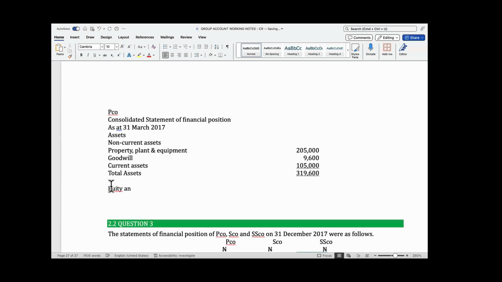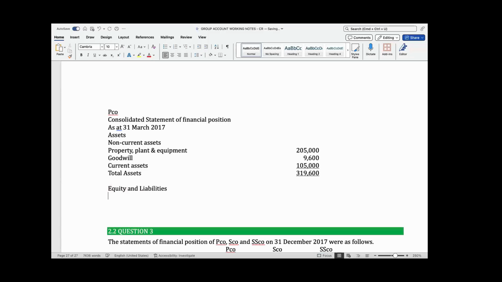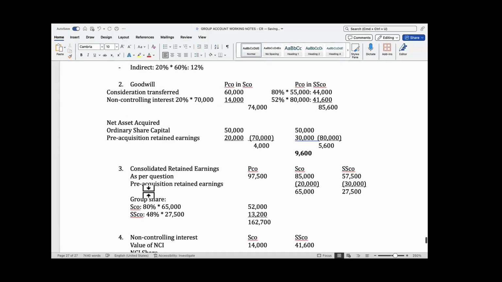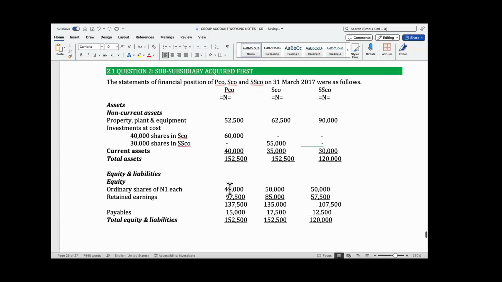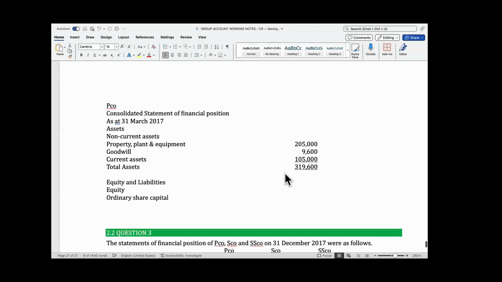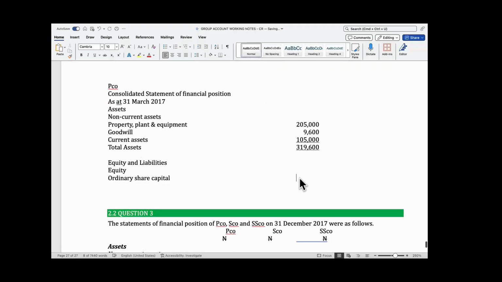Equity. What's my ordinary share capital? 40,000. That of the parent, because this has been cancelled out. That's 40,000.